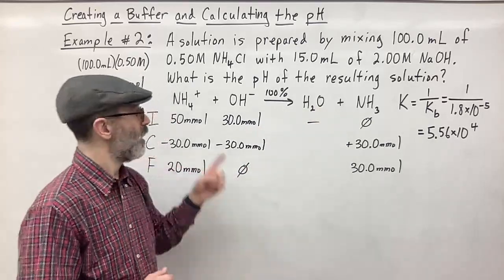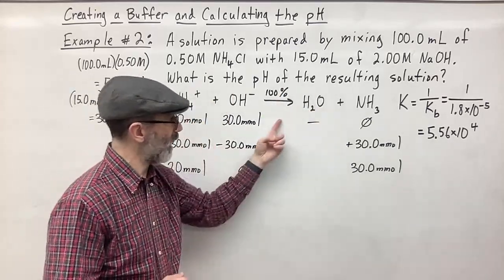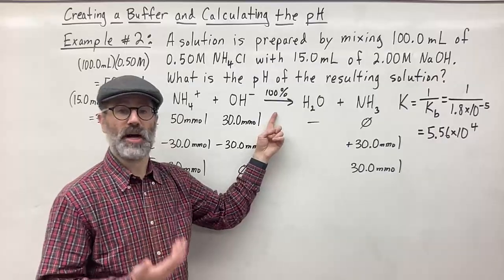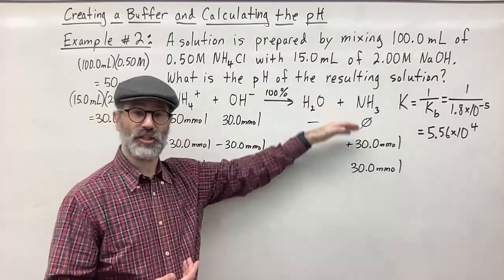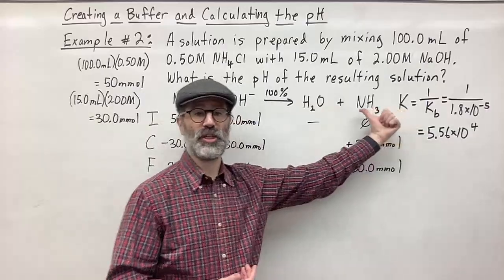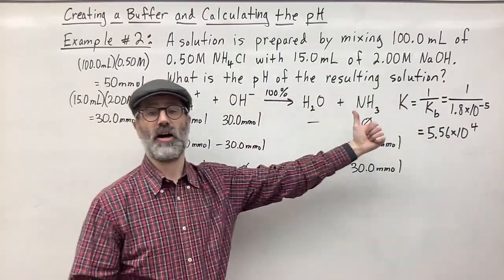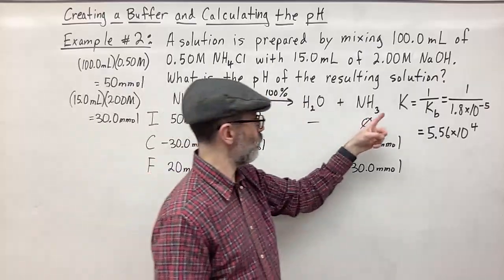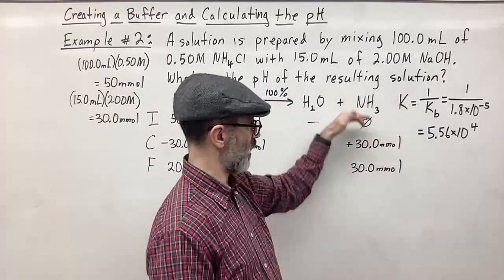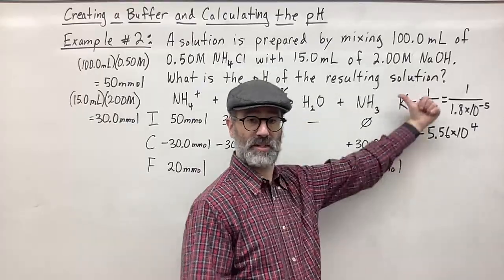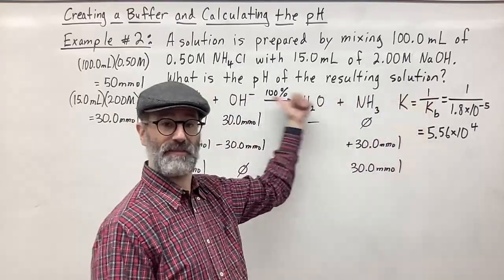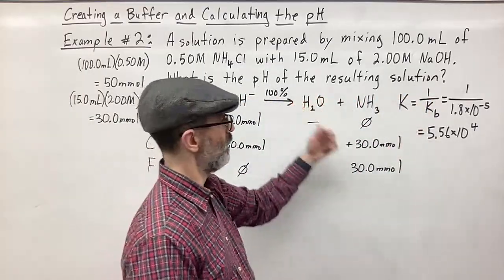So the equilibrium constant for this reaction is the inverse, or reciprocal, of the K value going in this direction. So here the K value for this reaction is 1 over Kb, because this reaction's K value is Kb by definition.